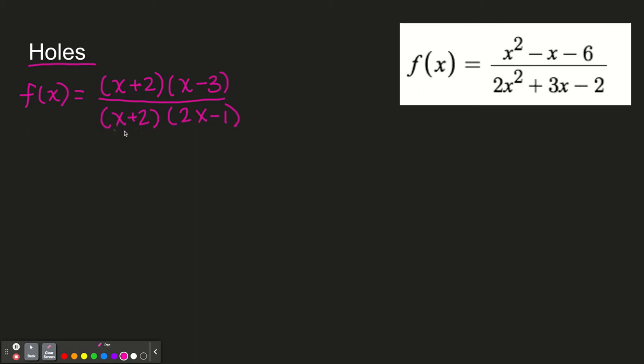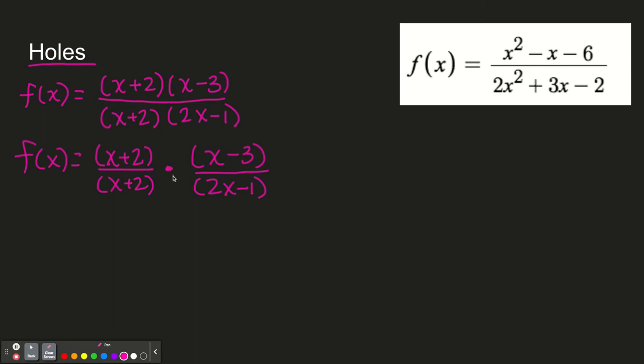So now we see here, as we know from previous units, that there is a factor of 1. So this function is actually equal to x plus 2 over x plus 2 multiplied by the factor here, x minus 3 over 2x minus 1.